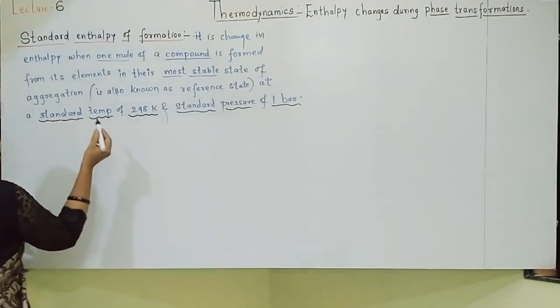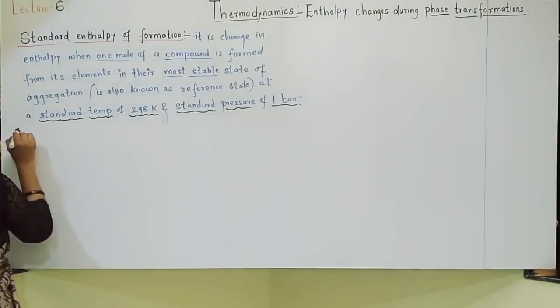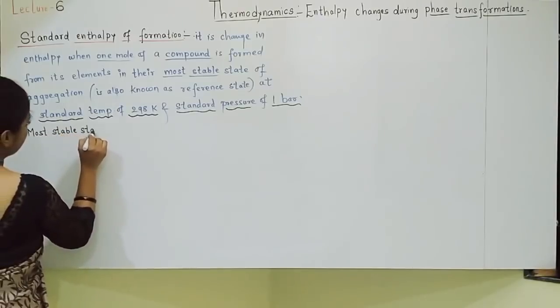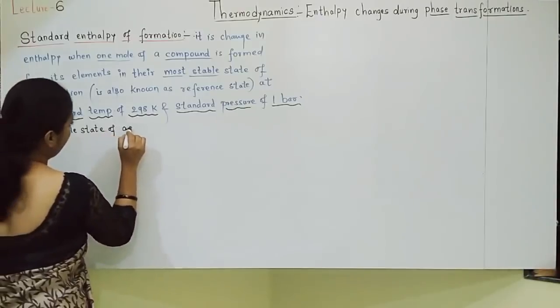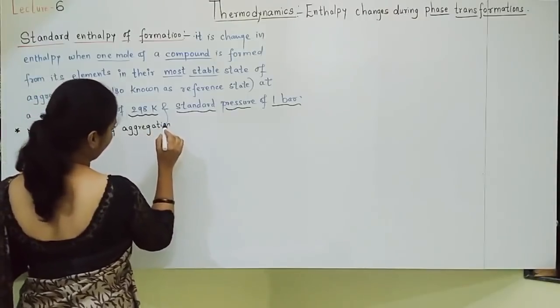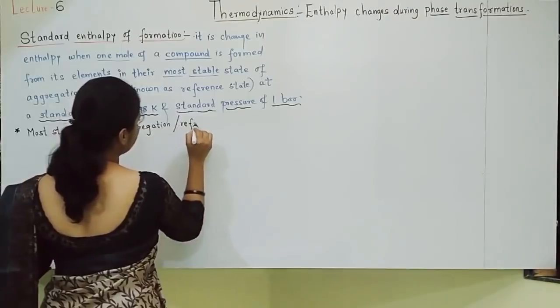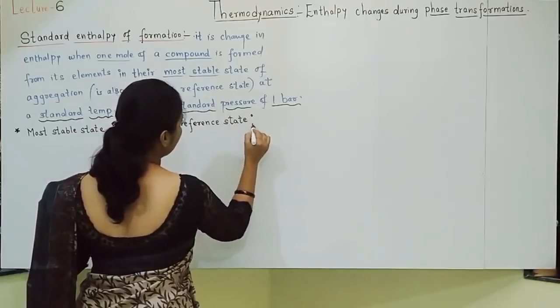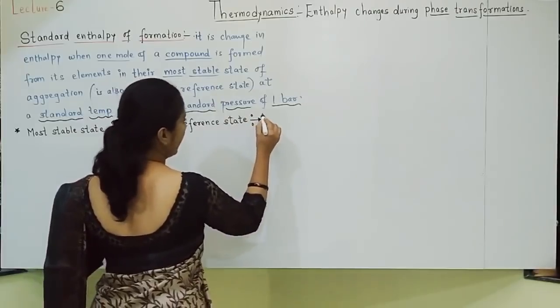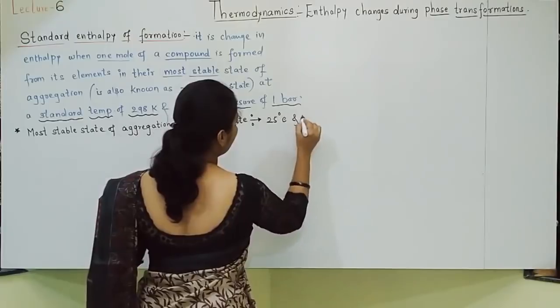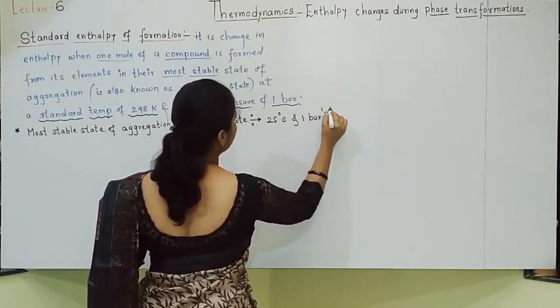Now, why I wrote standard temperature here, understand. The most stable state of aggregation, or reference state, is always at 25 degrees Celsius and 1 bar pressure.